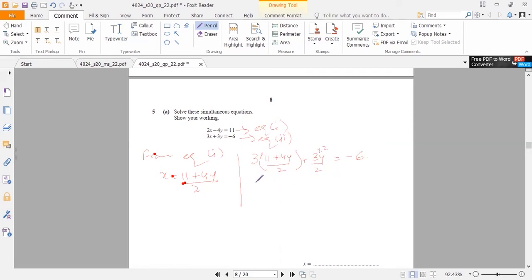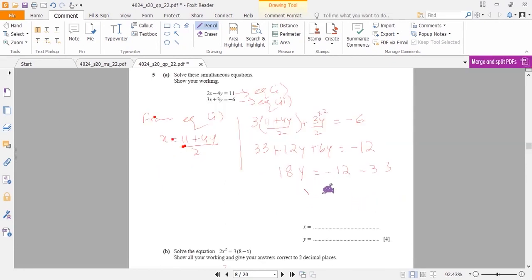So firstly 3 multiplied by 11, it will be 33. 4 3s are 12y plus 6y equals minus 12. So 33, 12y plus 6y will be equal to 18y, and minus 12 minus 33, y is equal to minus 45 upon 18, and the result will be minus 2.5.